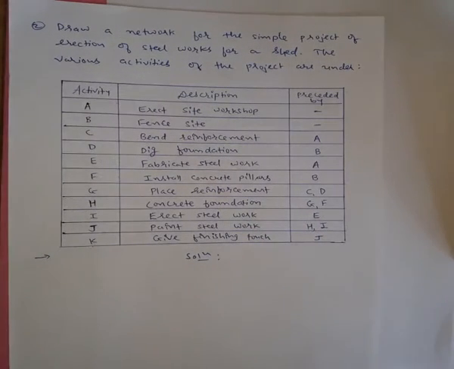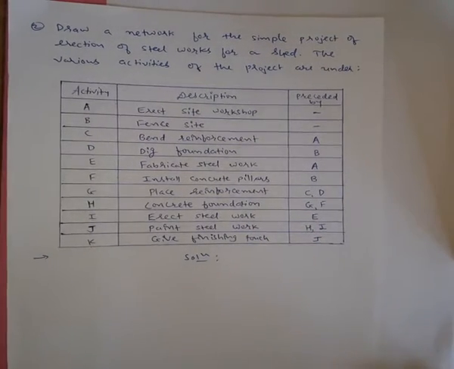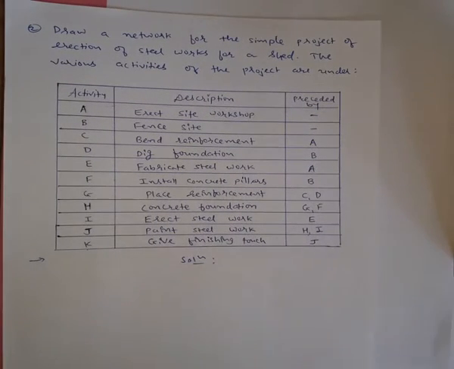For F, the description is install concrete pillars. Predecessor is B. For G, the predecessor activities are C and D. For activity H, the description is concrete foundation and the predecessor activities are G and F. For activity I, the description is erect steel work, predecessor activity E. Then activity J, paint steel work.